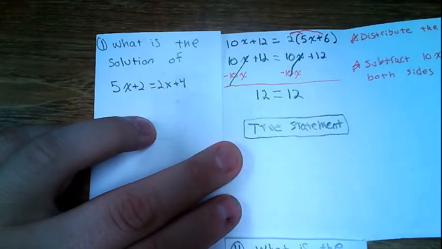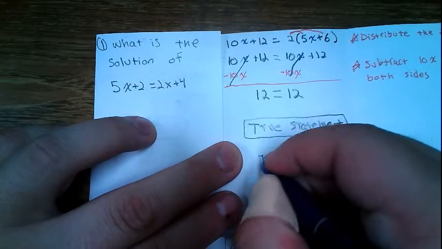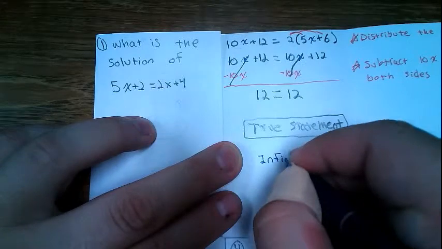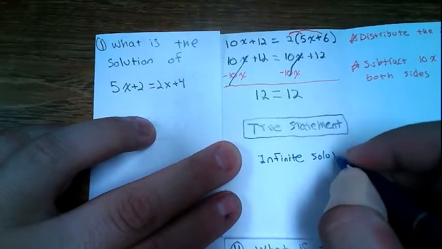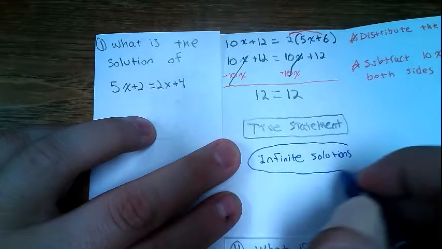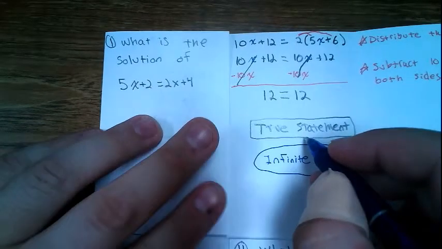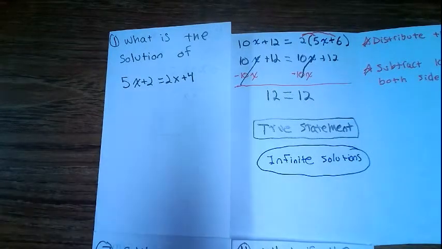that means your solution is going to be infinite. So we say infinite solutions. And that's how you answer it. You don't say true statement, you say there are infinite solutions. Because it doesn't matter what x is.